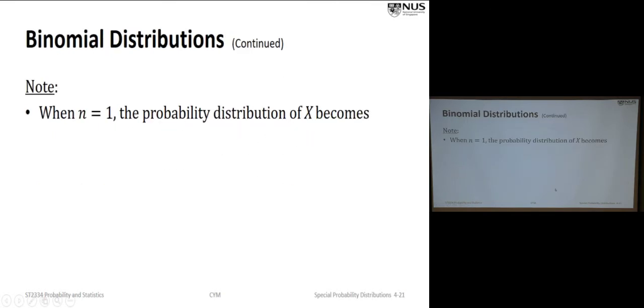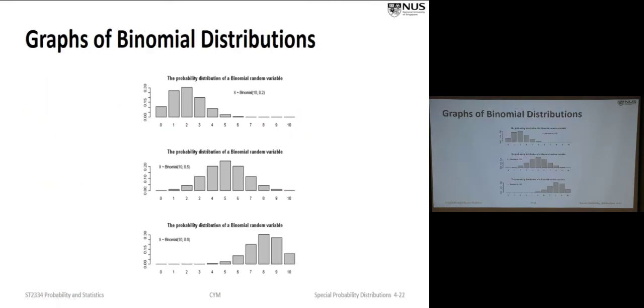Here is a graph. The x-axis shows the possible values of X. The vertical axis, the y-axis, represents the probability, or f of x.